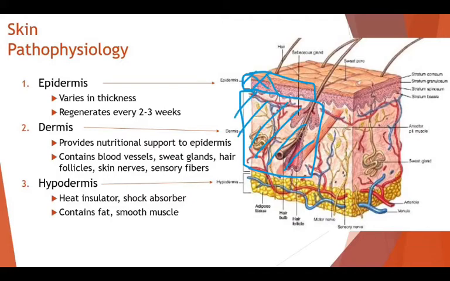So we have our first layer, then we have our second layer, and then the third layer at the very bottom is fatty tissue, mostly fat and smooth muscle and blood vessels, again in the third layer there. So we have our epidermis, our dermis, and our hypodermis.